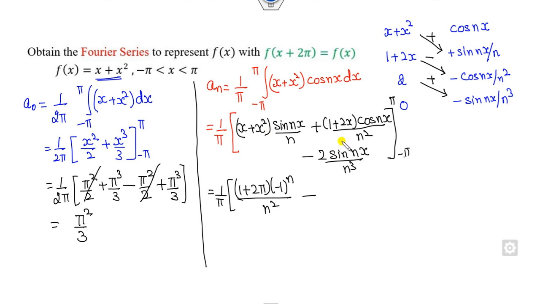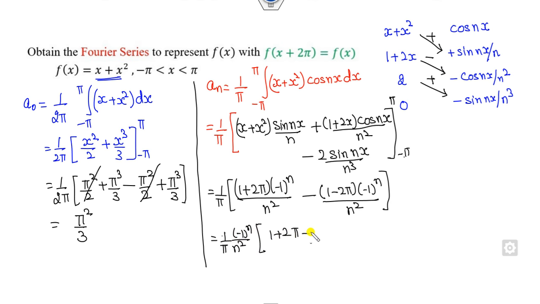Minus, when again you substitute, sin n pi is 0. Minus 1 minus 2 pi, cos n pi is again minus 1 raised to power n over n square. Sin n pi is 0. So I can take n square common, minus 1 raised to power n common. So the upside is 1 plus 2 pi minus 1 plus 2 pi. So the answer of this is: 1 will be cancelled out, 4 pi, 1 pi will be cancelled out, minus 1 raised to power n into 4 of this. This is the value of the an.